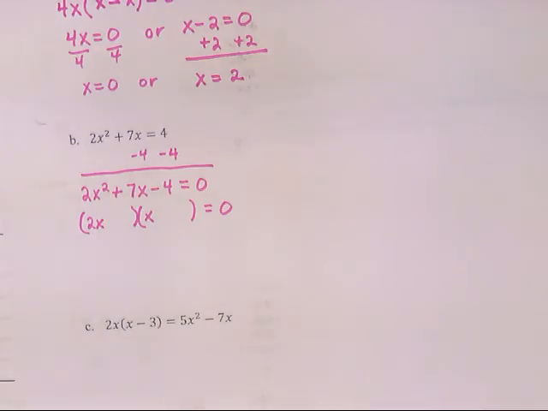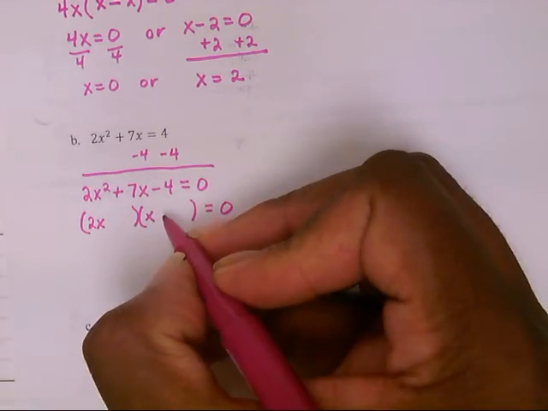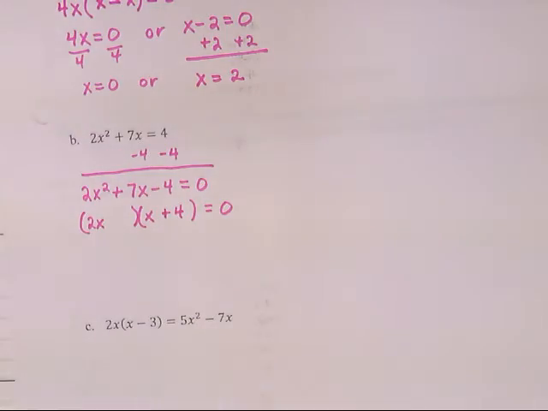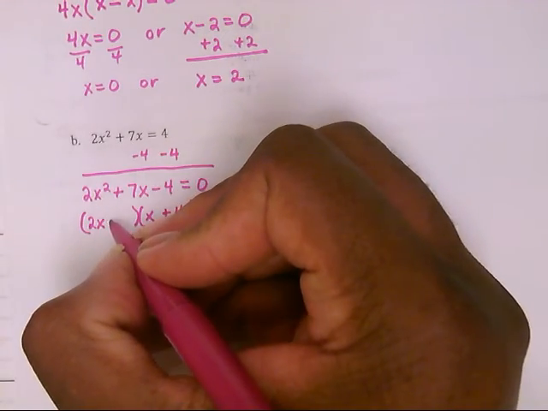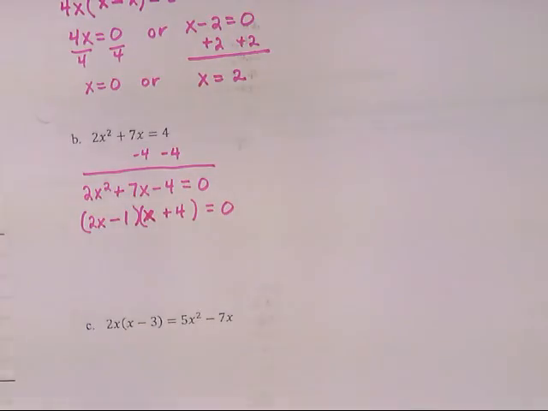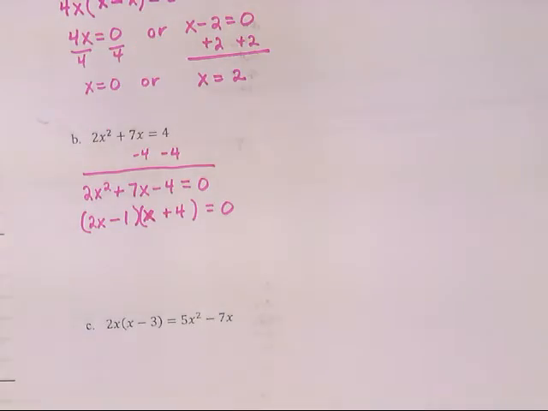One has to be negative, the other one has to be positive. Well, the middle term is positive, so I'm going to put the 4 with the plus sign, and then the 1 will be negative 1, minus 1. Now if you check, 8x minus 1x will give me 7x. So in this case I got 2x minus 1 times x plus 4 equaling 0.